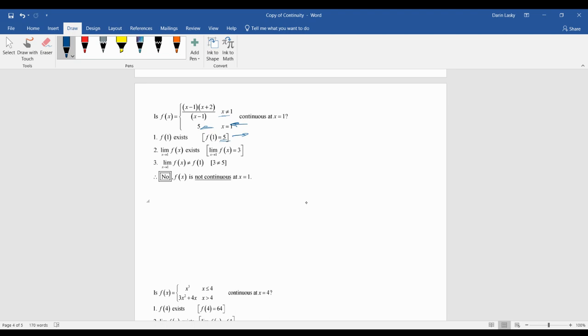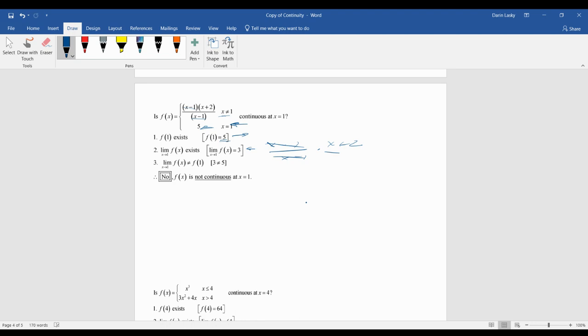And then if I look at my limit as it approaches 1, well, that is going to be this one right here. So if I factor that, I get x plus 2. So when I plug in 1, I get my value of 3 because it's going to be x minus 1 over x minus 1 times x plus 2.